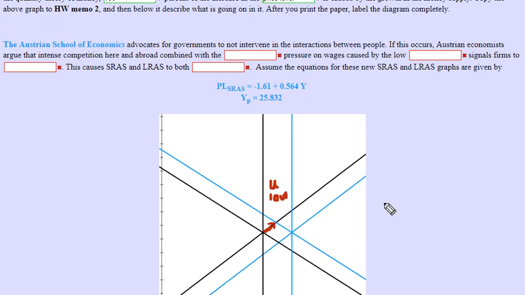Now, if nothing happens, then mainstream economists think that we'll end up at this point here, because firms are going to pass off the higher wages in the form of higher prices. However, in an open economy like we have, there's competition from abroad.